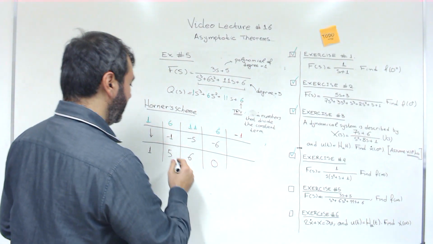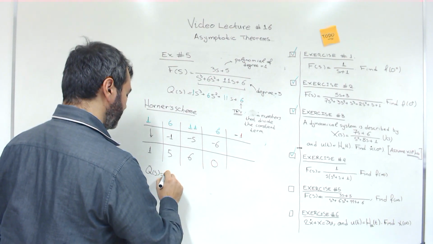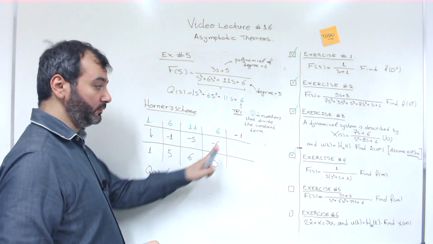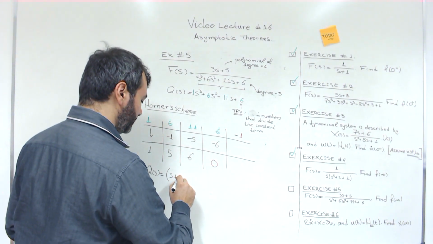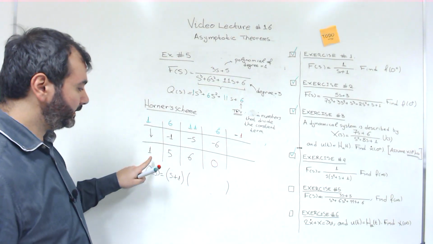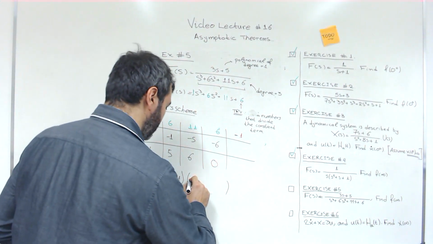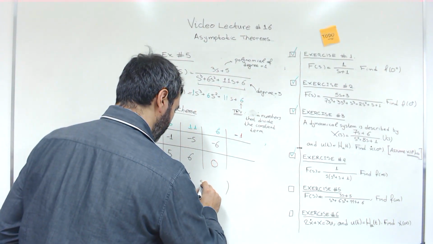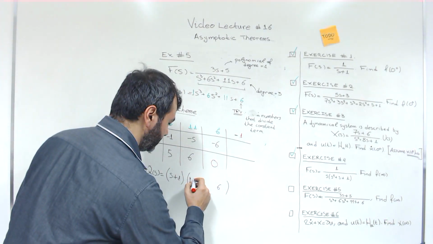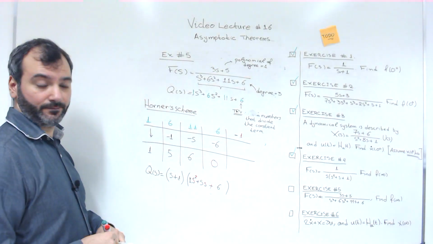Okay, now. Therefore, we have the following, that Q of s is equal to s minus the root, so s plus 1, times s squared plus 5s plus 6.